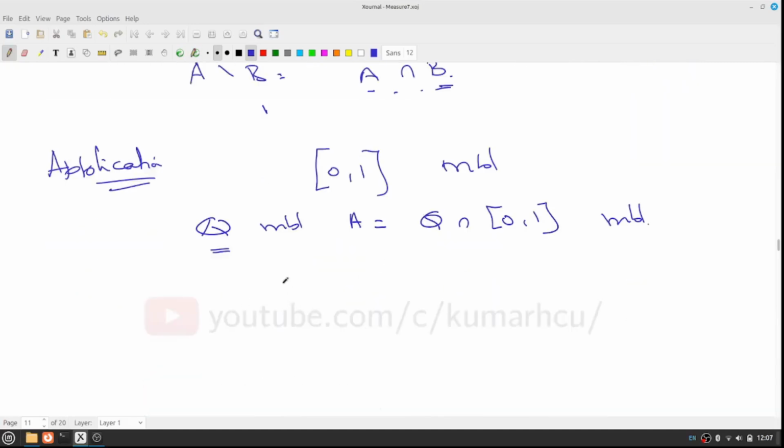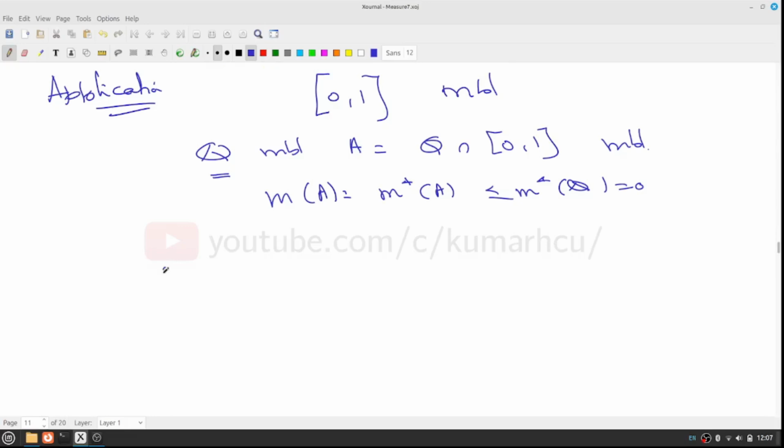And what is the measure of this set? M of A is M star of A, that's less than or equal to M star of Q, which is equal to 0. Therefore this set is measurable, measure of A is 0. Now let's look at B, which is 0, 1 minus Q, which is the same as 0, 1 minus A. This is nothing other than the set of irrationals.